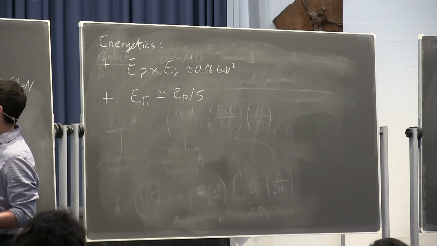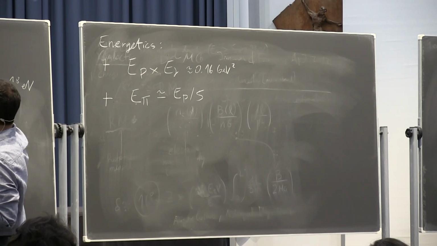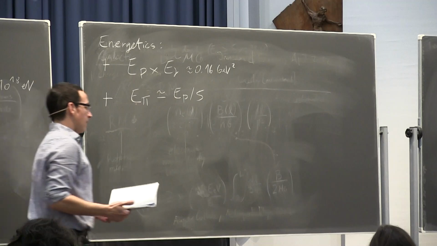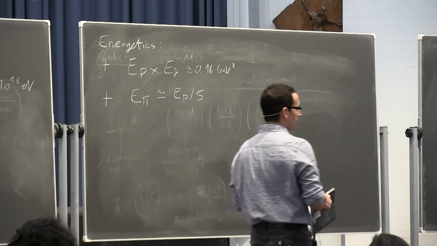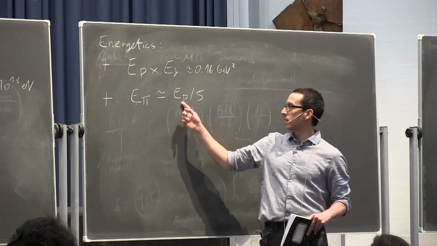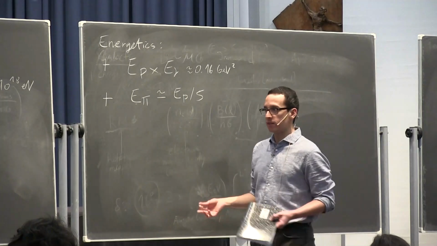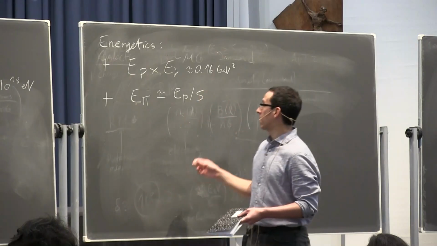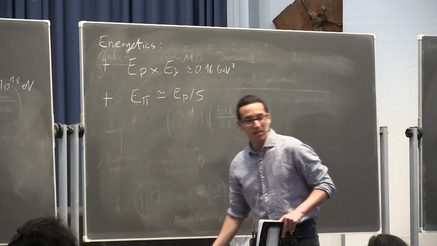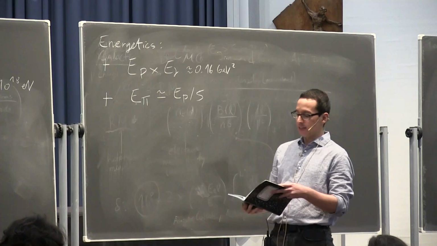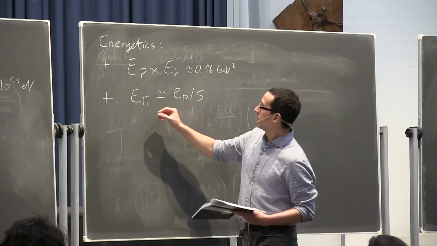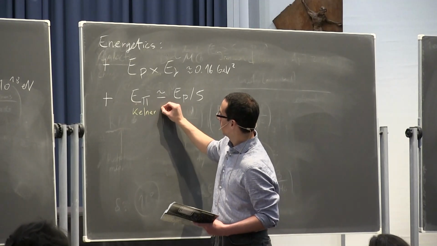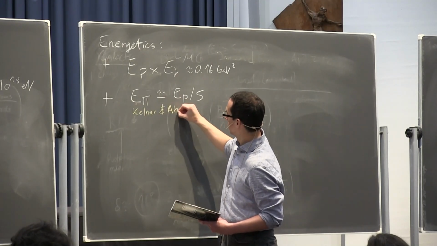So you're letting this decay, and then you are having a distribution of final state particles. On average, each pion takes 20%. In reality, there's a distribution of what the fraction of energy that the pion receives is. So for now, let's just take what the average number is. If you want to look at the details of how this is done, the go-to reference is Kelner and Aharonian.